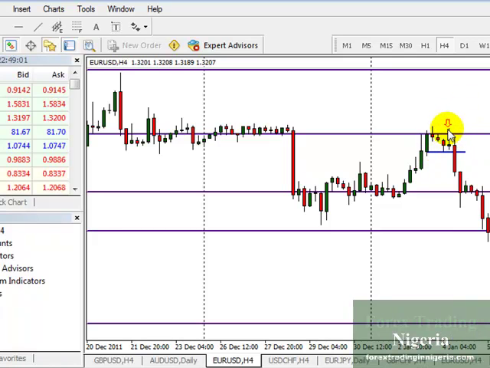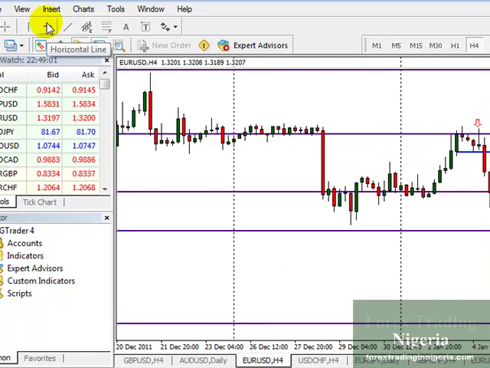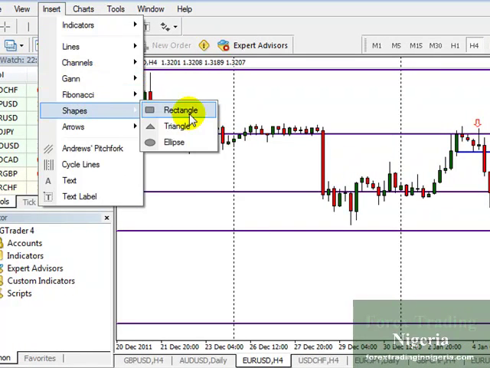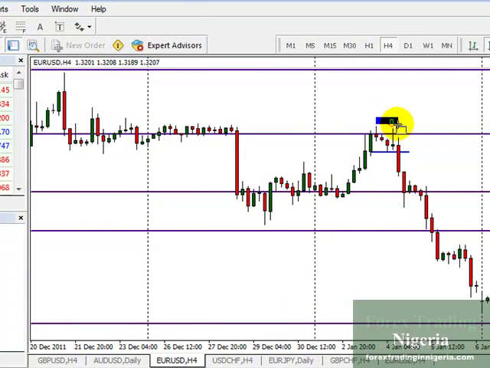Can you see it? After this pin bar, what we are going to do is place the sell stop 2 to 3 pips below the bar, and our stop loss will be at the top of the signal bar.